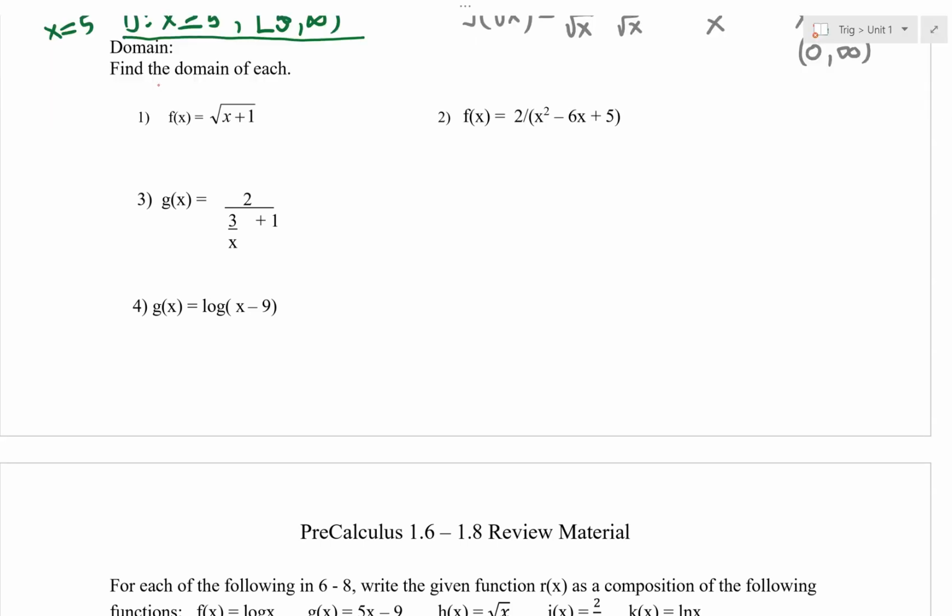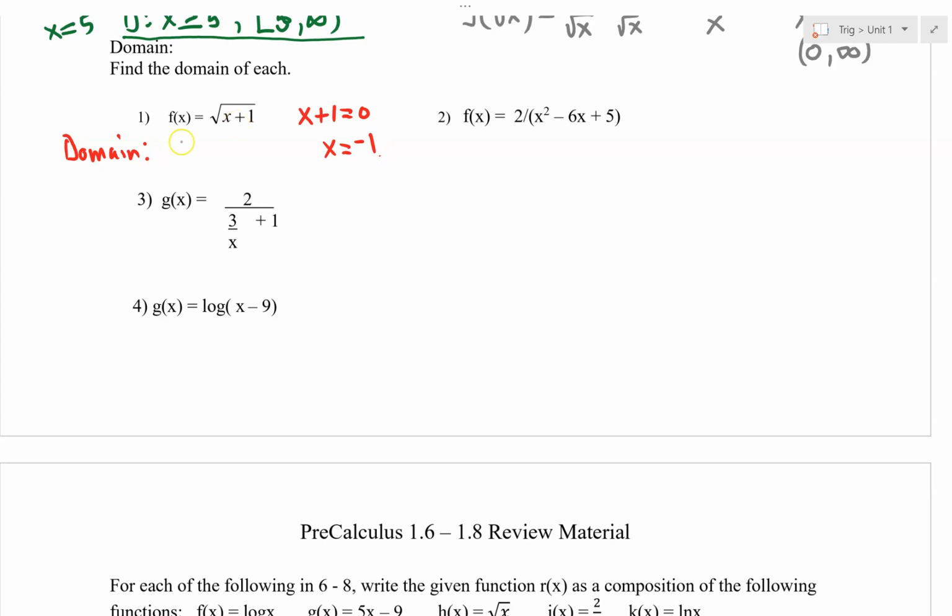So, first one says f of x is equal to the square root of x plus 1. Above it said that if you want to find what you're allowed to do here, all you had to do was take whatever's inside the radical, set it equal to 0, and solve. So, x is equal to negative 1. Well, that tells me that if I put in negative 1, I get 0. Square root of 0 still works.